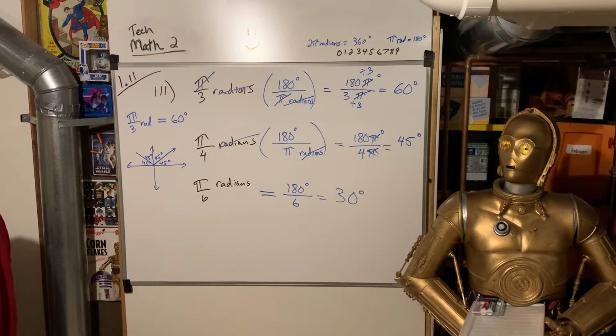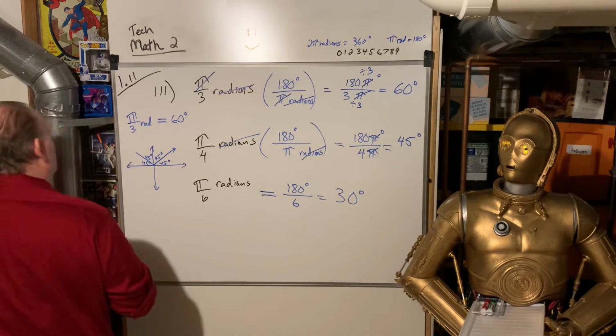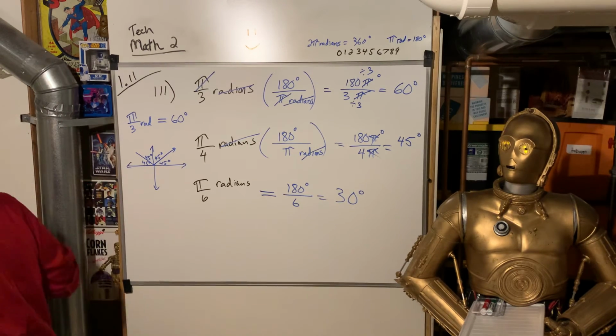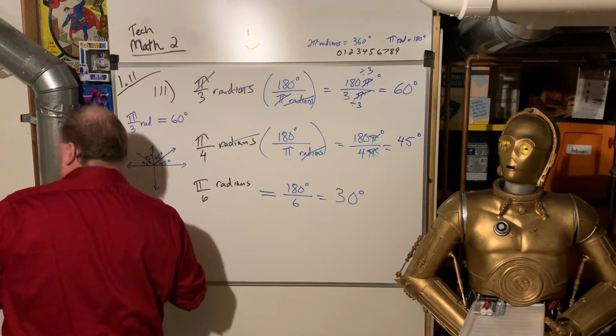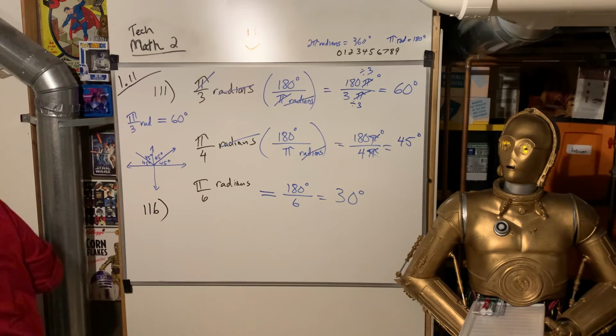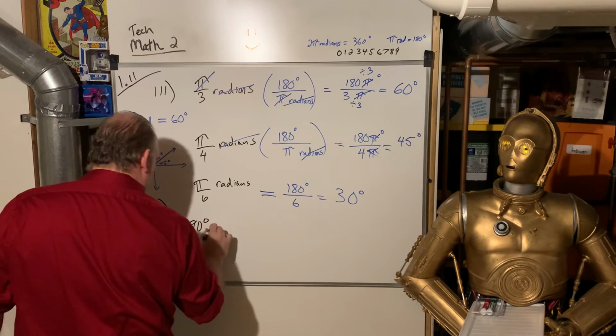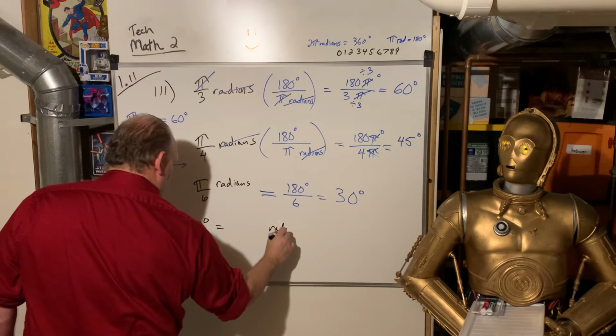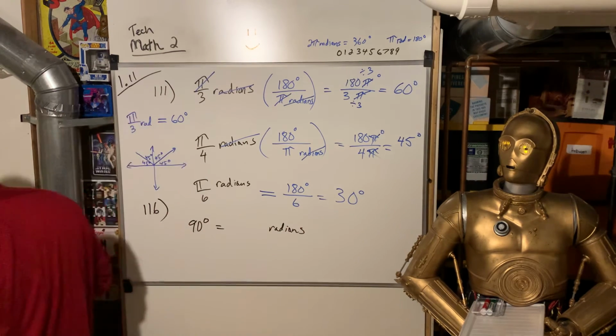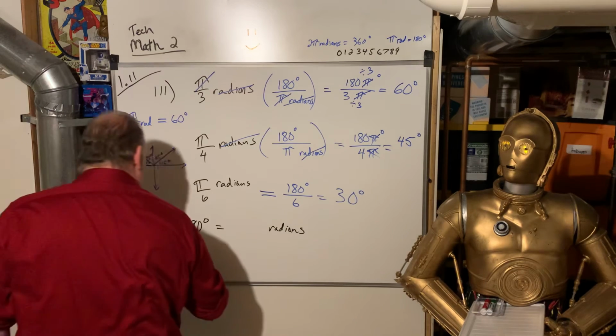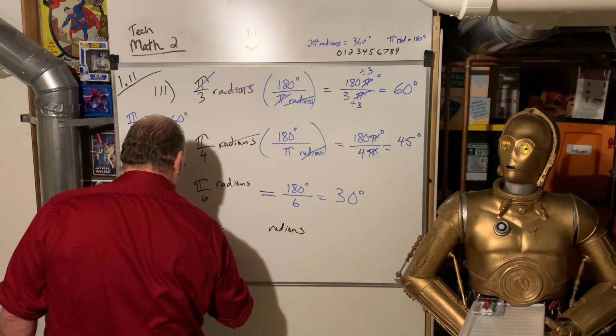Let's take a look at 116 on the same section. And so we have 90 degrees is how many radians? We have 120 degrees is how many radians?